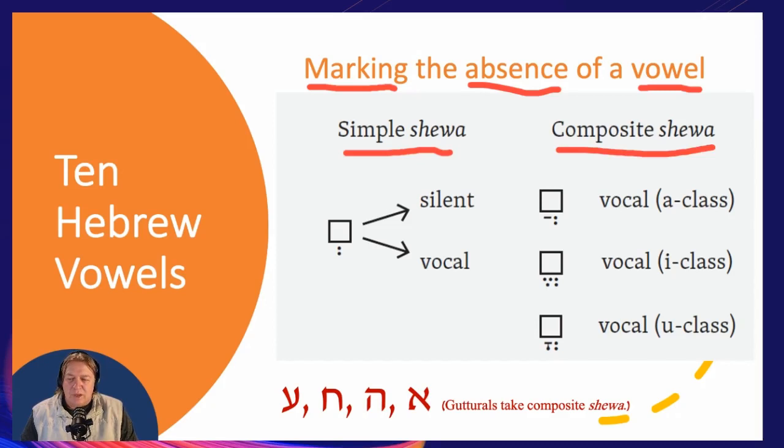We talked about these things called composite shwas that also have within them the little marks attached to them that have the different sounds. So in this case, the patach up here, the segol here, and the kamets here. These also indicate the absence of a vowel, but they're giving you the sound you need to get to the next letter.